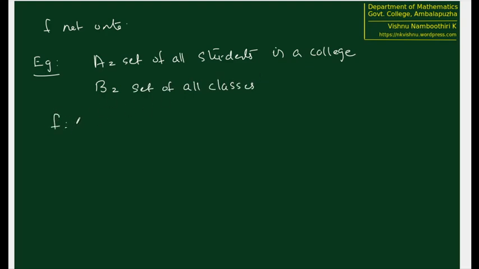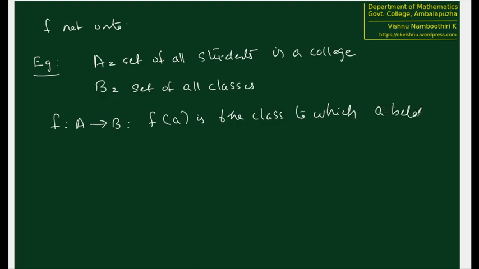So f from A to B, f of a is the class to which a belongs. So every class must be having at least one student, and therefore, if we take one small b from capital B, that's a class, you can find correspondingly at least one student in the set A. Therefore, f is onto.